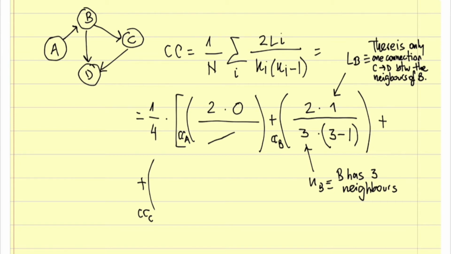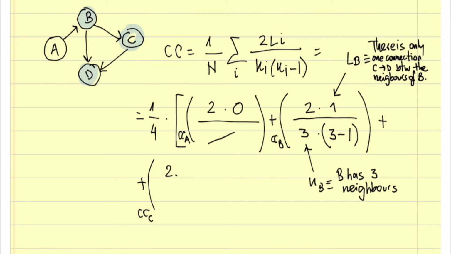Not so much. So I need to write here a 2. Okay, this is the same. Then how many neighbors does C have? C has how many neighbors? B and D, right?